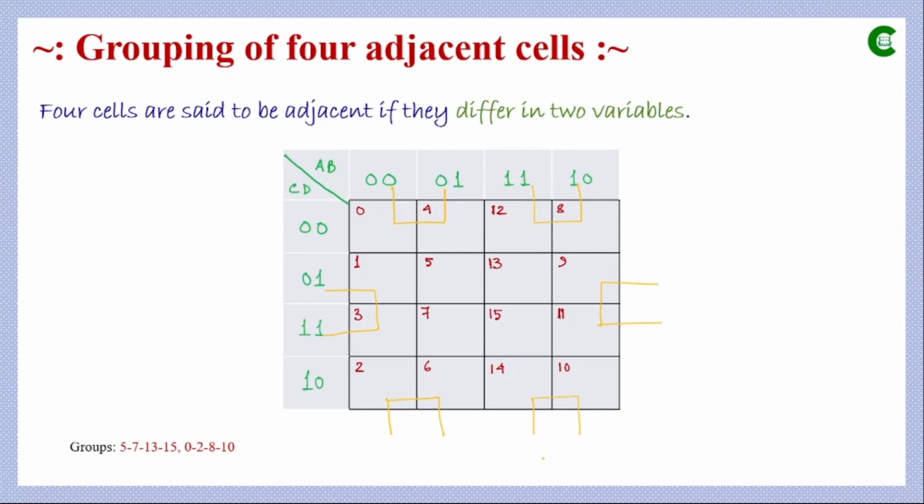There will be changes only for 2 variables. And also between 0, 1 and 8, 9, one group is possible, and between 3, 2 and 11, 10, this group is possible, and between 4, 12 and 6, 14, this group is also possible for 4 adjacent cells, and this time also the logic is the same.